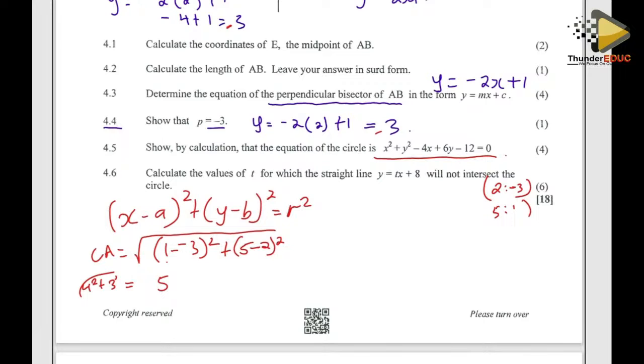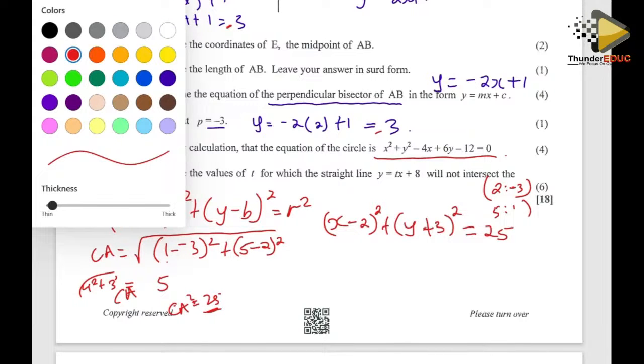So under the square root, our CA is that. And then the CA squared is going to be 25. So do the substitution. That's going to be x, the center coordinates, -2 squared. And then y plus 3 squared. We switch the sign because that's a negative, is equal to 5 squared, which gives me a 25.